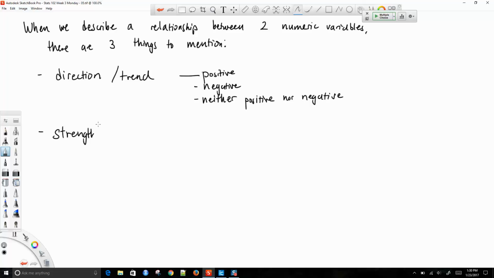Or neither. Strength of the relationship is another aspect that we want to talk about, and for that we would say strong or weak or something in between, moderate.